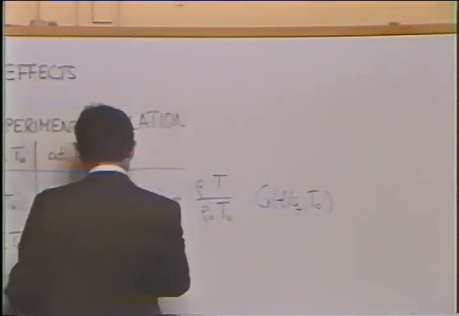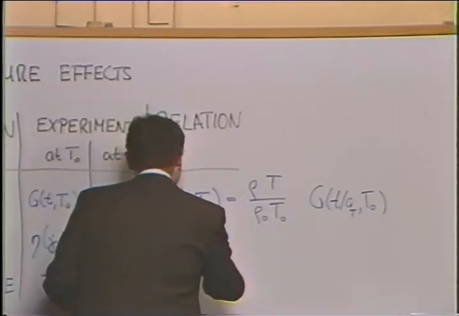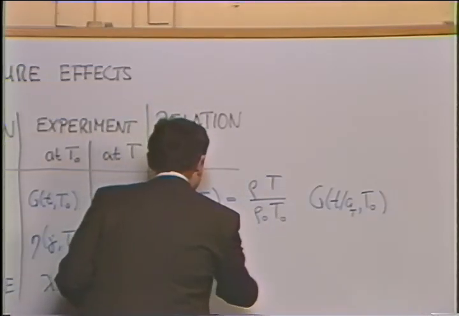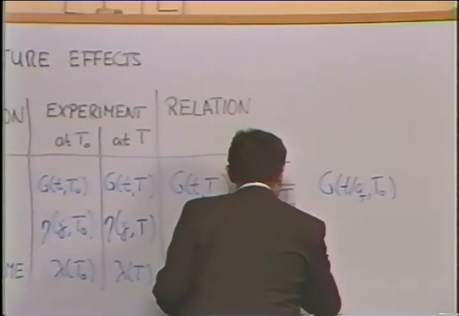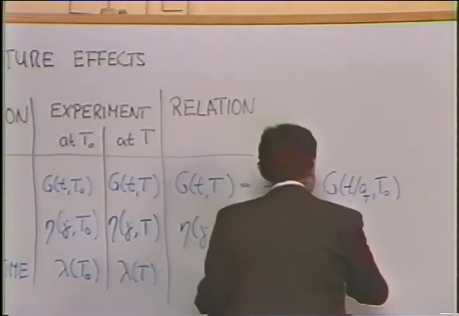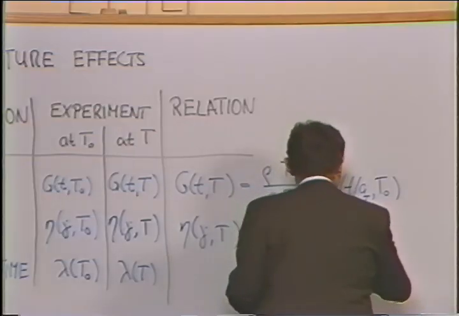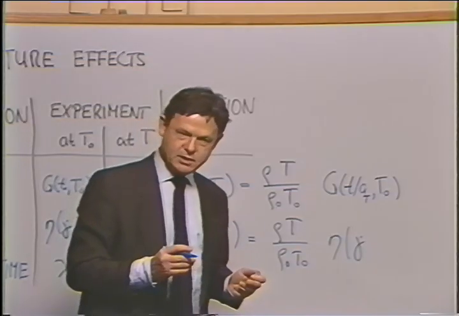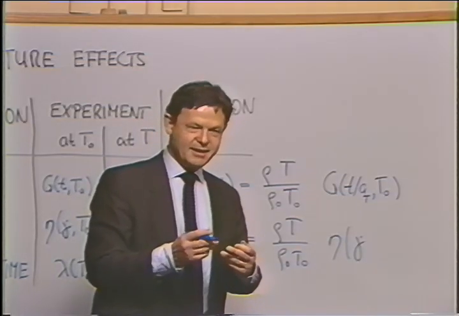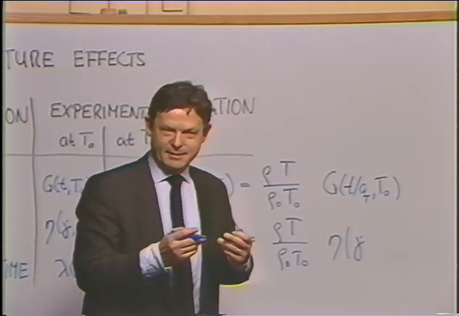Similar relations could be derived for the viscosity functions. The viscosity at shear rate gamma dot and new temperature T is equal to rho T over rho 0 T0 times the viscosity at shear rate. And now the shear rate has to be shifted because the relaxation processes are sped up.